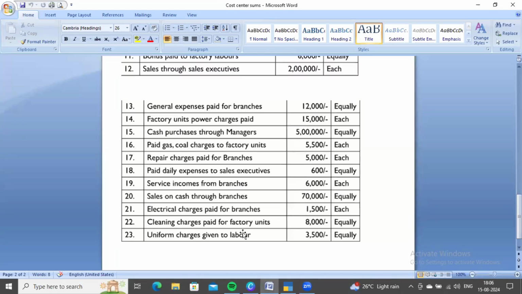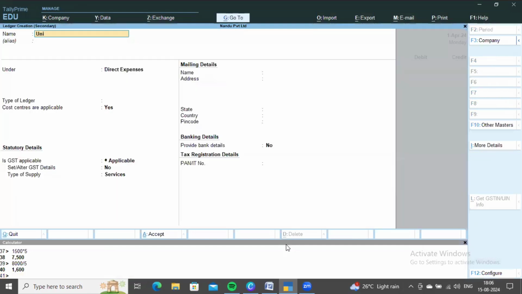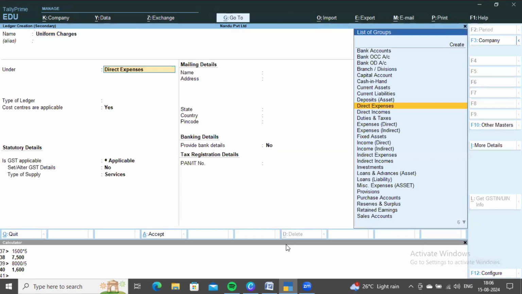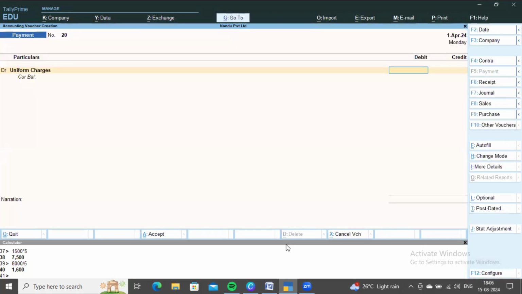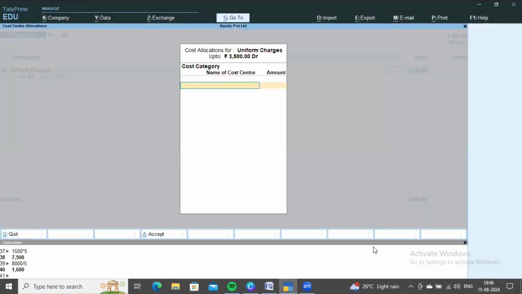Next, uniform charges given to labor. So you need to create uniform charges that come under direct expenses. And the total amount is 3,500. Here select labor.